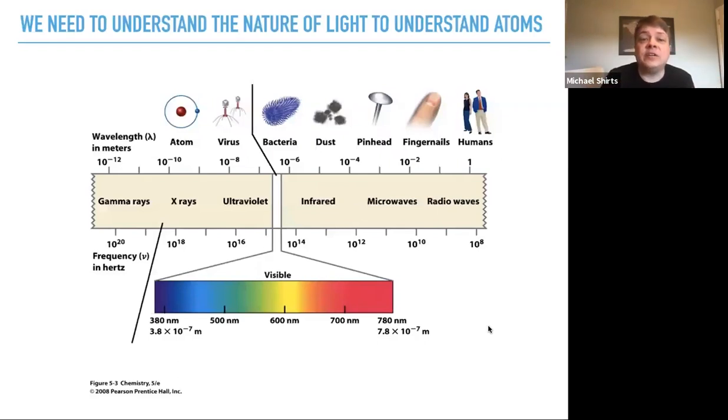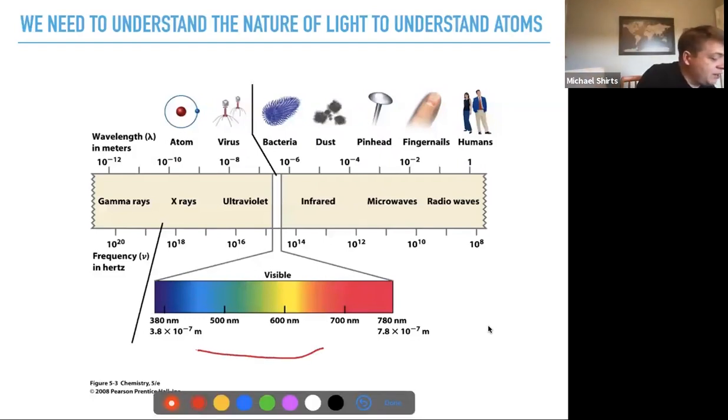The light we usually perceive with our eyes, the part of the electromagnetic spectrum that we perceive, is really a pretty narrow range between about 380 nanometers, or 3.8 times 10 to the minus 7th meters, and about 780 nanometers, 7.8 times 10 to the minus 7 meters. There's a much bigger scale than this.